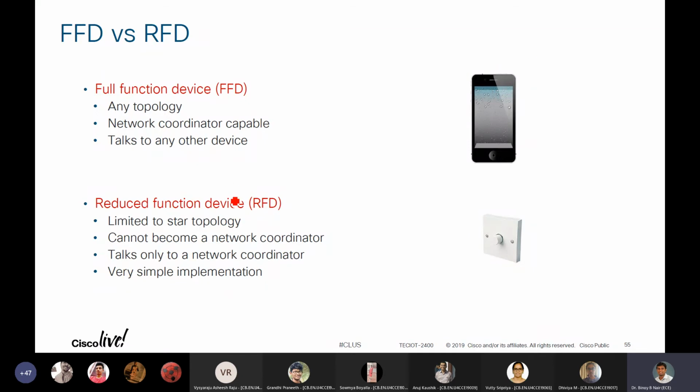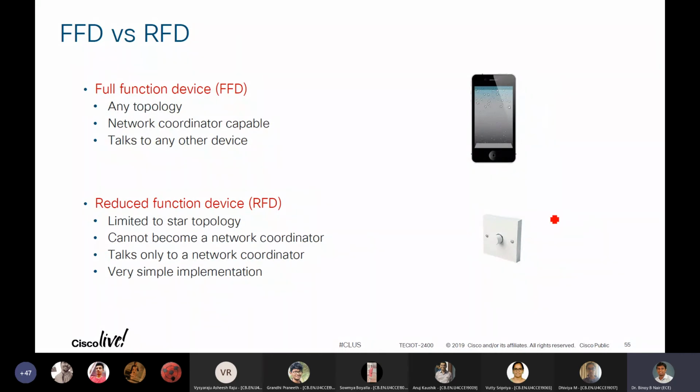On the other hand, you have reduced function devices, which can only communicate to their main coordinator or to some other central location where a full function device exists. RFDs can only communicate to FFDs.